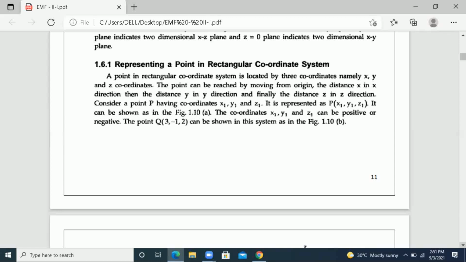A point in the rectangular coordinate system is located by 3 coordinates, x, y, and z. The point can be reached by moving from the origin the distance x in the x direction, then the distance y in the y direction, and finally the distance z in the z direction.